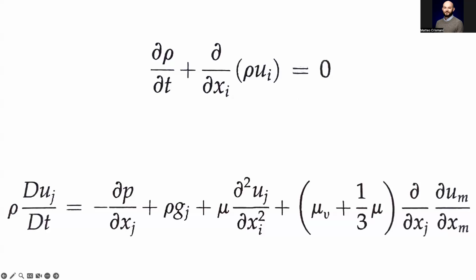The first thing is the definition of the total derivative d/dt of some function f, which is equal to the steady term plus the advection term.